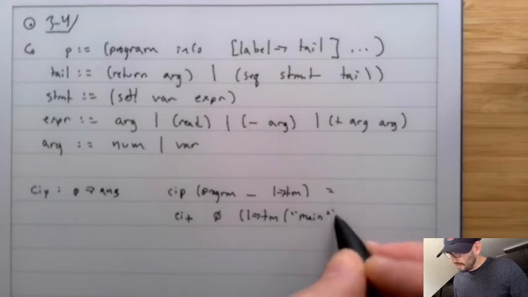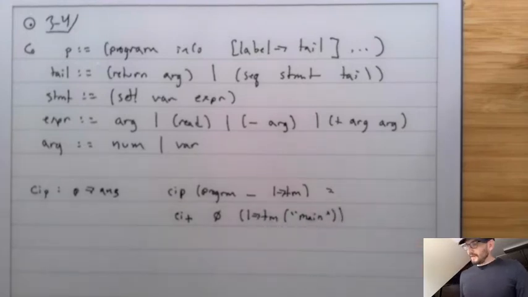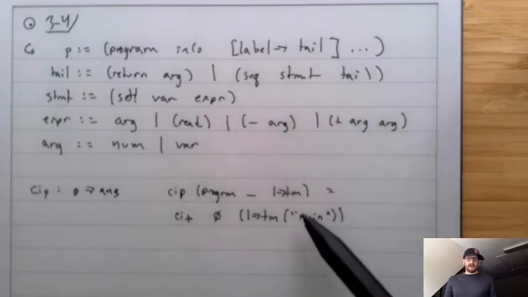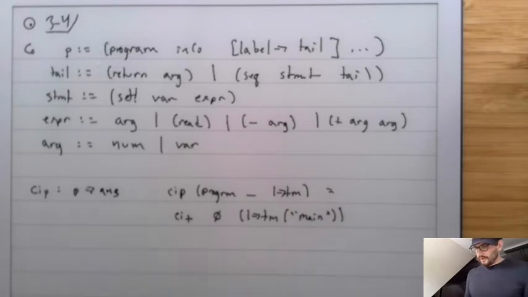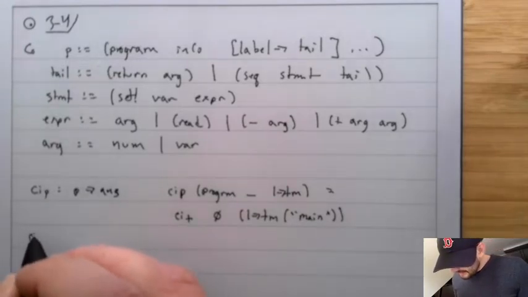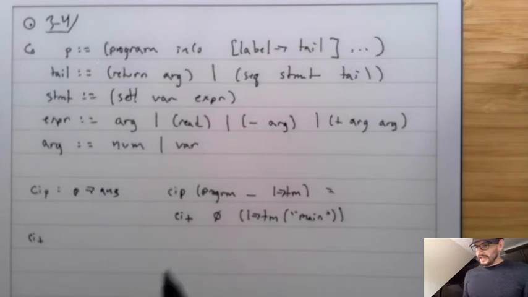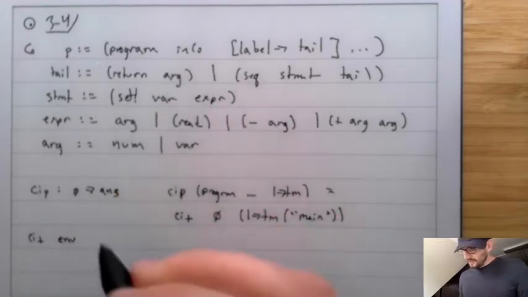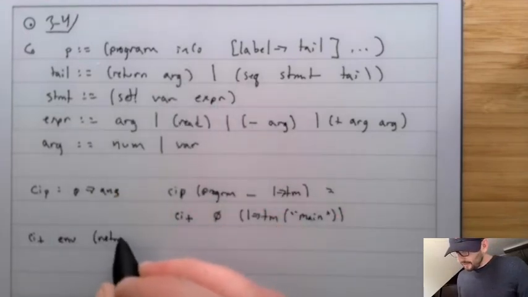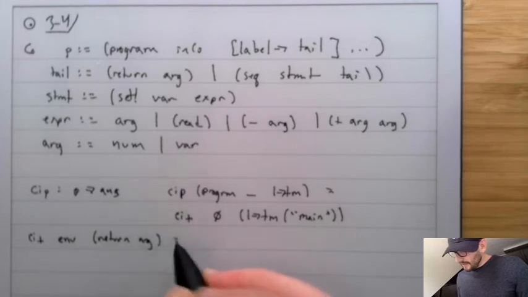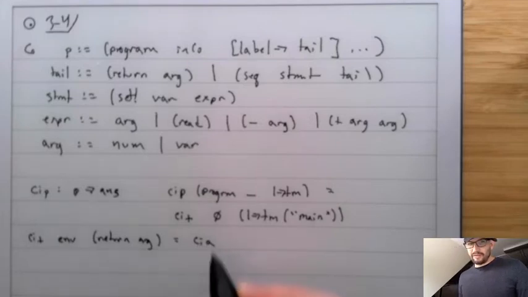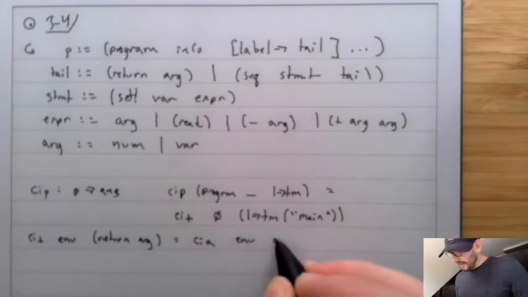So we're going to look at what the main label is. That means we're going to look up inside of this mapping from label to tail, and find the one that's labeled main. All right, now CIT is going to take a tail and an environment, and then we have to look at each one of the tails. If it gets called with return of an argument, then this will return the CIA, that's C interpreter for an argument, environment, and the arg.